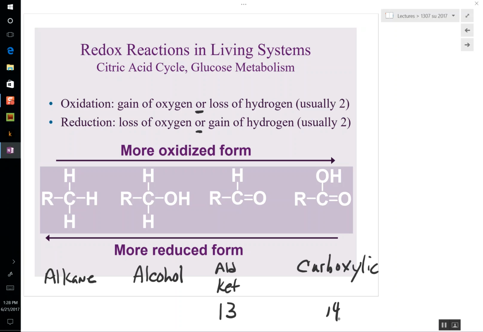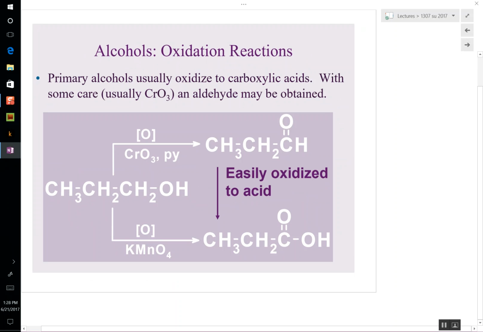That's reduction. Whenever you hydrogenate something, it gains 2 hydrogens, so it's being reduced. This is the first time you're seeing this, but start wrapping your mind around that. You can say, oh yeah, going from an alcohol to an aldehyde, that's oxidation. All right, so let's take this alcohol. This is 1-propanol. We've got a primary alcohol.